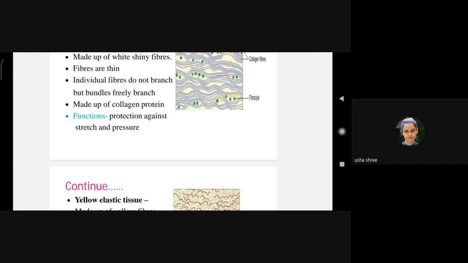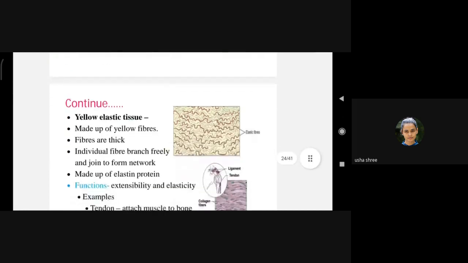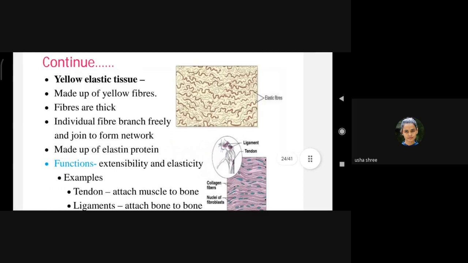Yeah, you are absolutely correct. Don't be afraid of talking. And ligaments connect bone to bone. Tendons connect muscle to bone, yeah. Very good. At least you have tried.